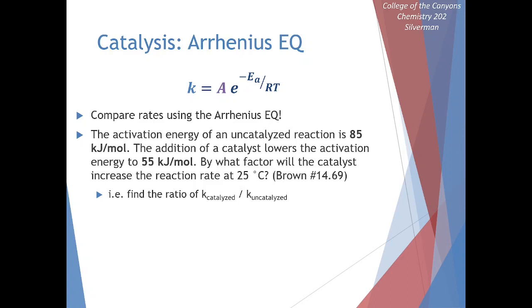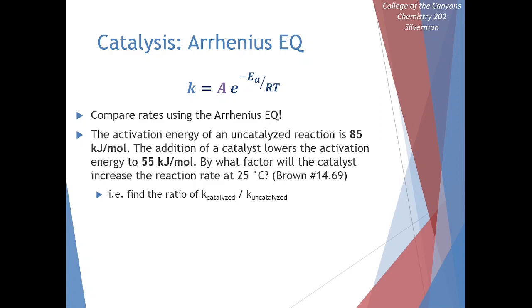If we want to do some calculations with our catalysts, well, we can use that Arrhenius equation, right? The activation energy is going to be different for our different pathways. Maybe we're able to measure that. We're asked to calculate here how much faster our reaction will go when we have this difference in activation energies.